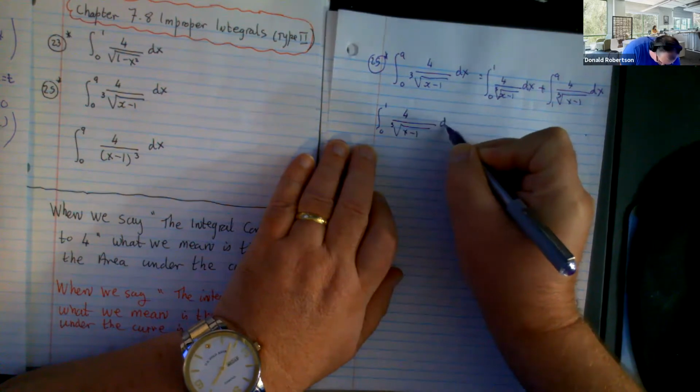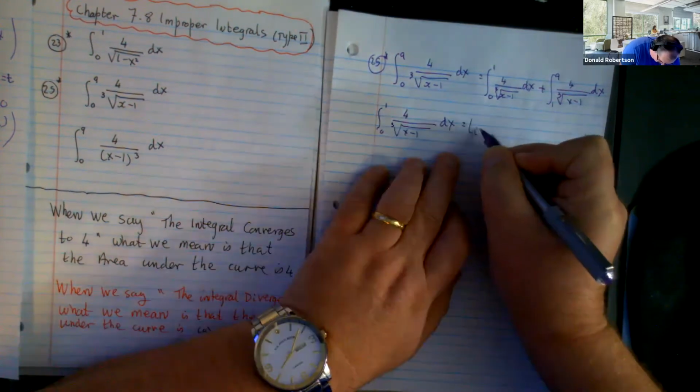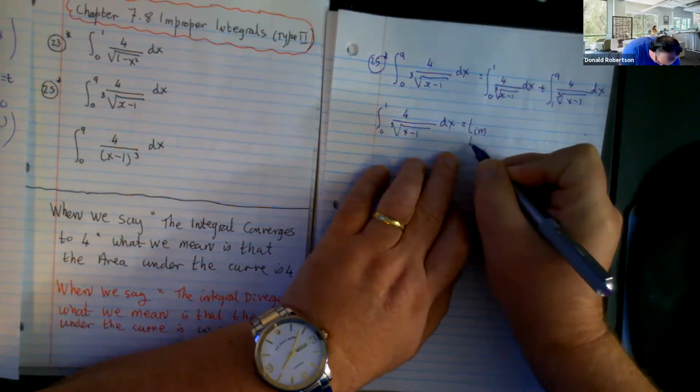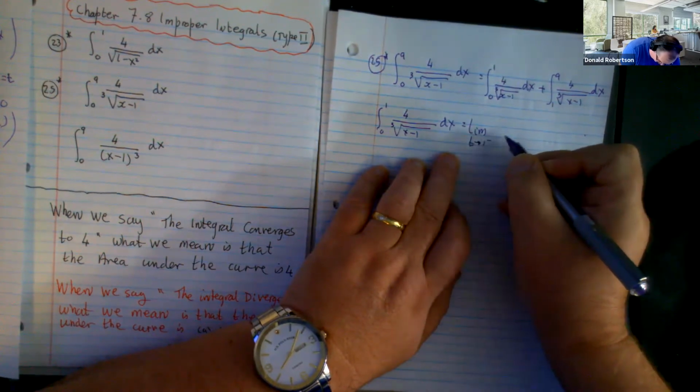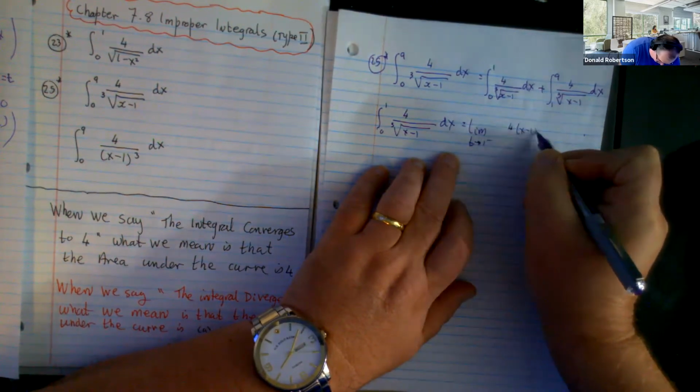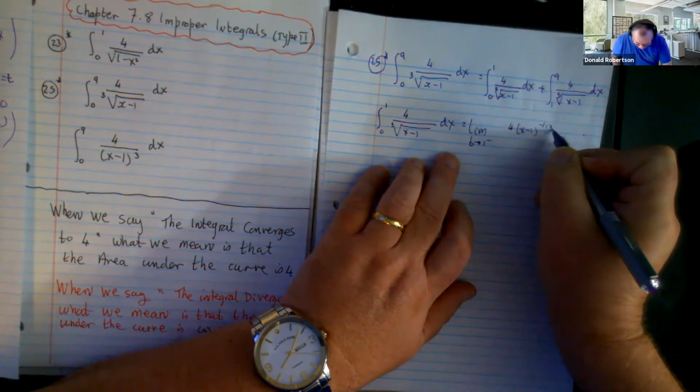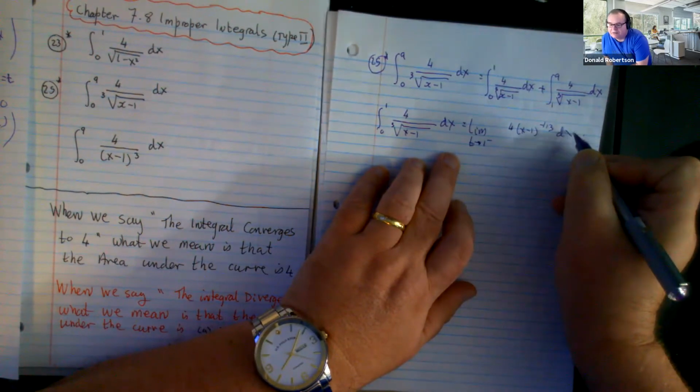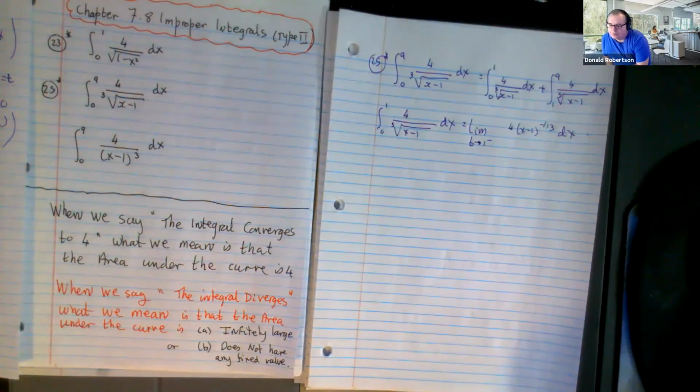Now, to be able to do this one, we're going to do the limit as t tends to 1 of, are you happy about the negative 1/3 thing? That the cube root in the bottom can be replaced by a negative 1/3 power. Okay, so we're okay with this.